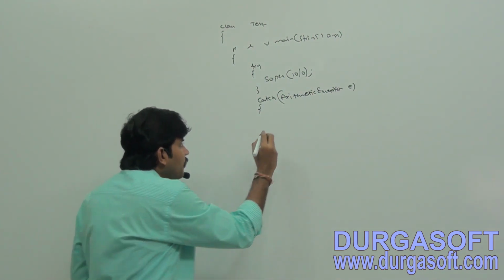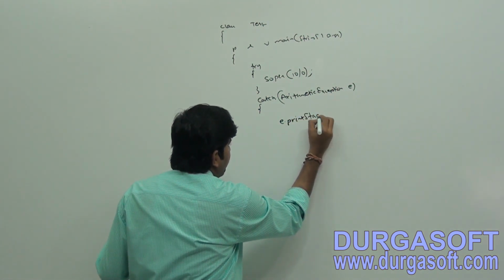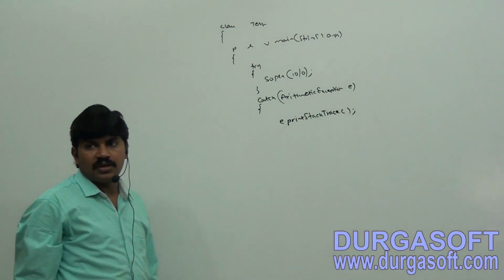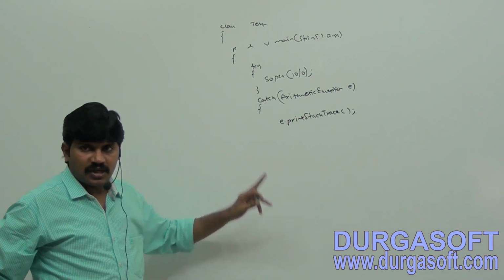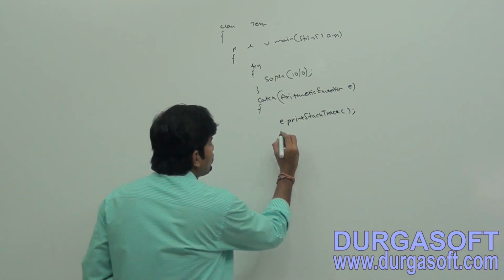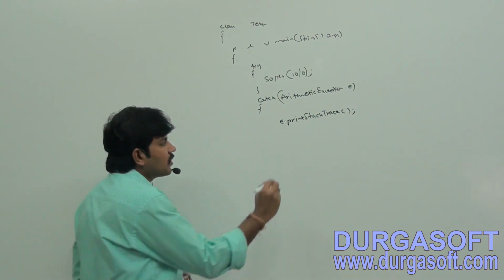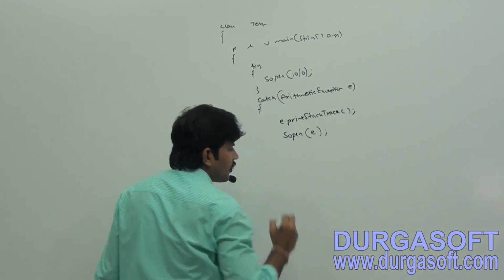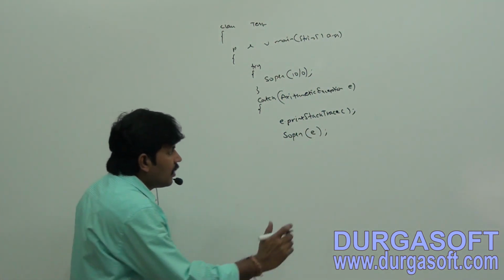Sometimes we may use e.printStackTrace(). Are you getting e.printStackTrace()? The second possibility: there may be a chance to use System.out.println(e). Are you getting it, like this we are using?